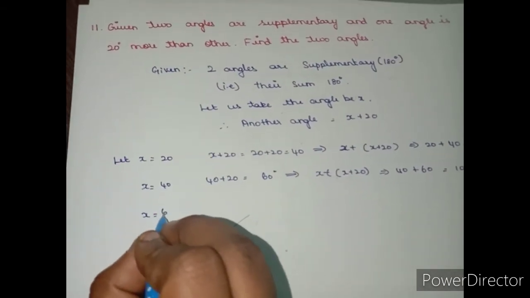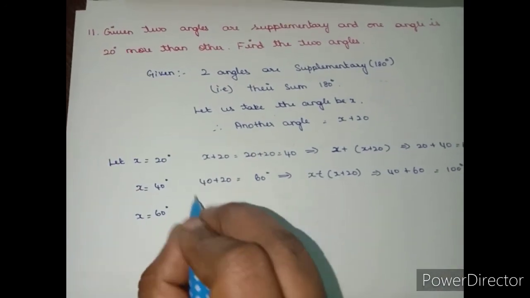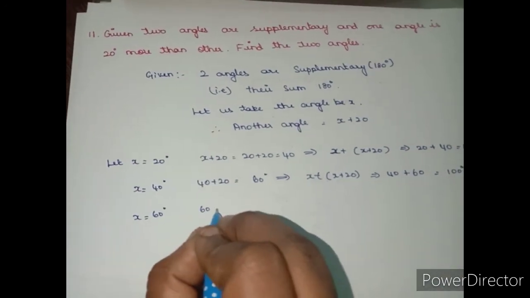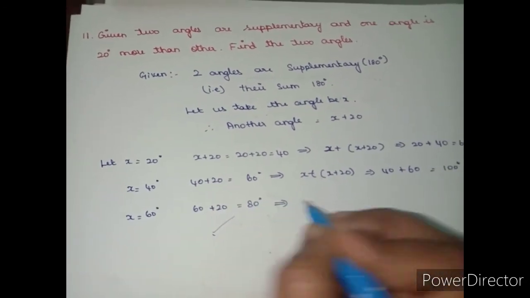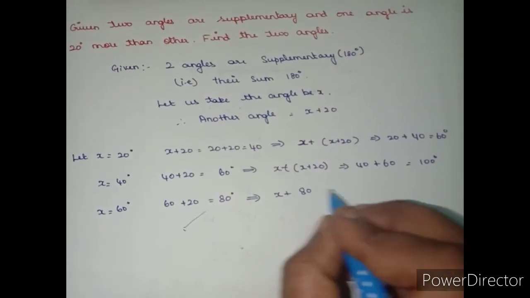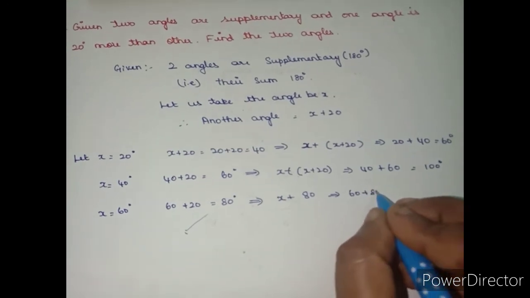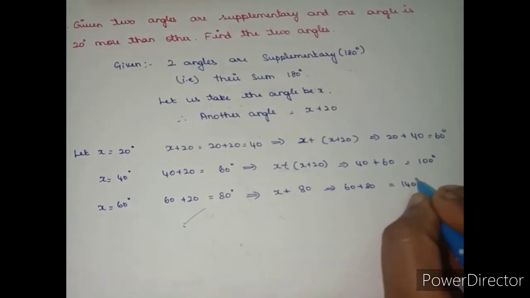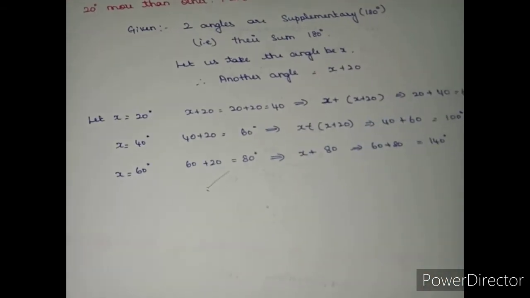We'll go with the next degree, 60 degree. So x is 60, plus 20, it is 80 degree. Now x plus what we have got, 80. So x is 60 plus 80, it is 140. 80 plus 140, it is exceeding 180.